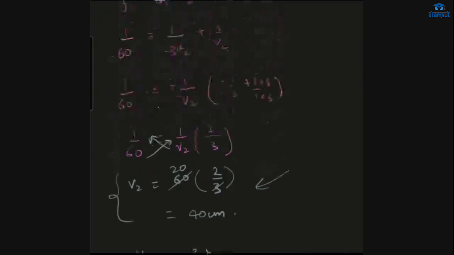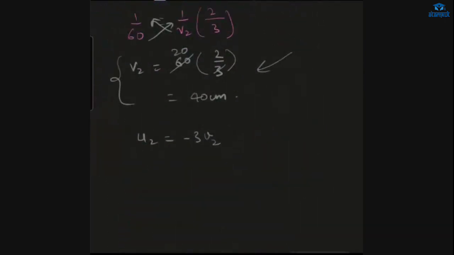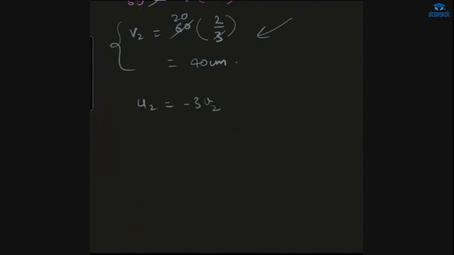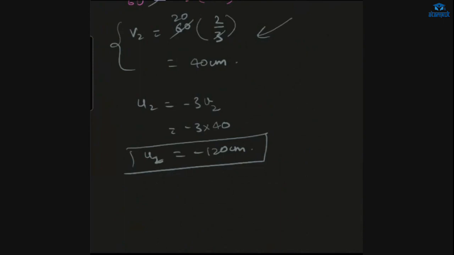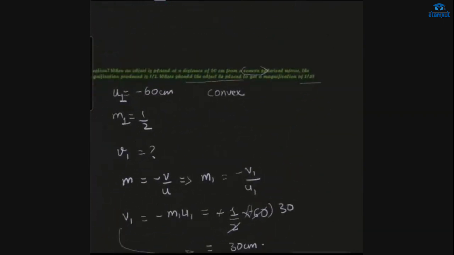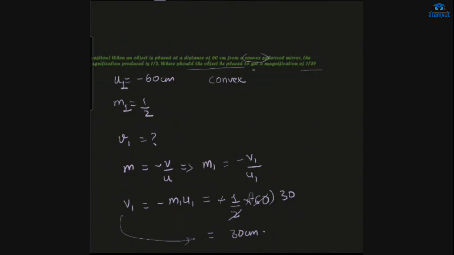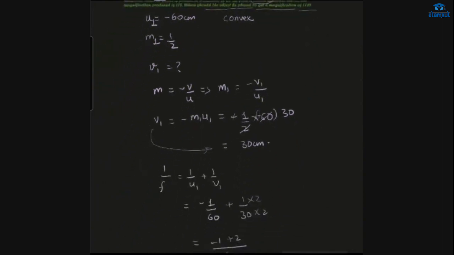So minus 3 into 40 centimeter will be minus 120 centimeter. This is the u2 we have obtained. Where should the object be placed to get a magnification of 1 by 3? At this position we will get the magnification as 1 by 3.